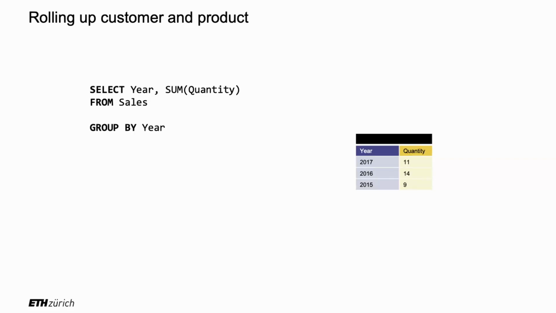And now I just have the year and the quantity. So now I squeezed my cube in 2 dimensions and I have only 1 dimension left. If I want to finish squeezing it, then I just drop the group by. And you know that if you just aggregate without a group by, it just aggregates to a single value, like the total sum of everything. Now that is the fully rolled up version. I rolled up all my dimensions in here. Who is with me? Okay.